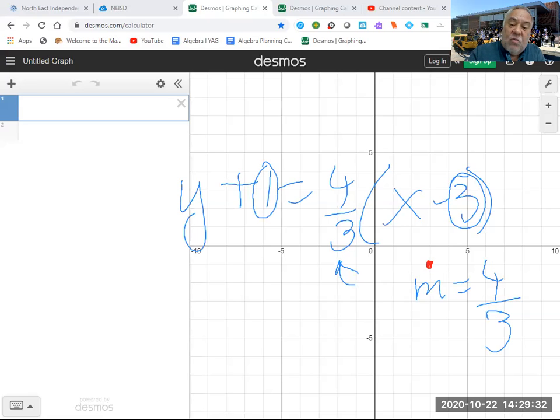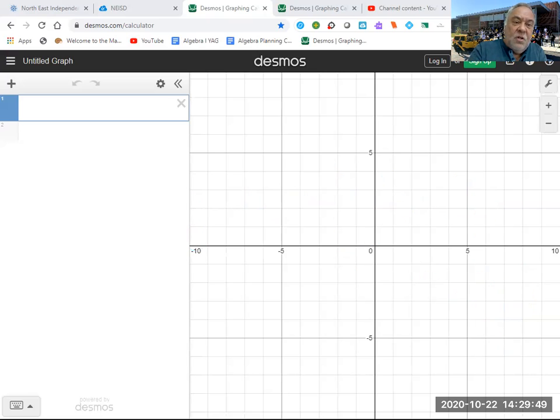And then you look at the graph and see, does that point go through it, and does the slope match? So you really have to match the slope and the point. Another way to do it, this might be easier, but it will take a little bit longer, is put all four of the answers right in the Desmos here.